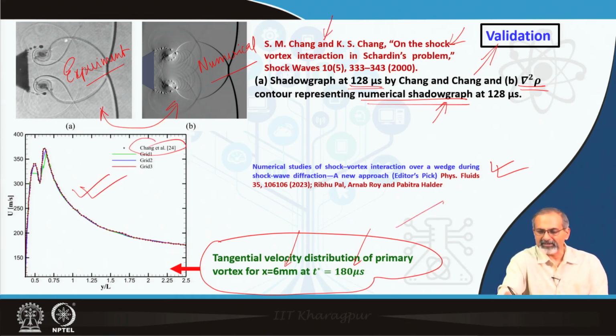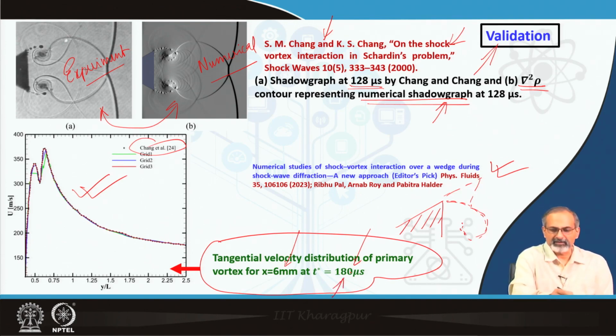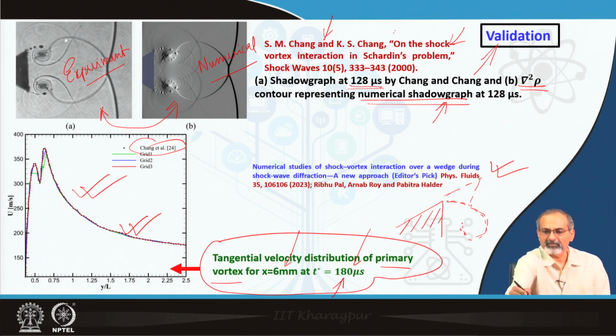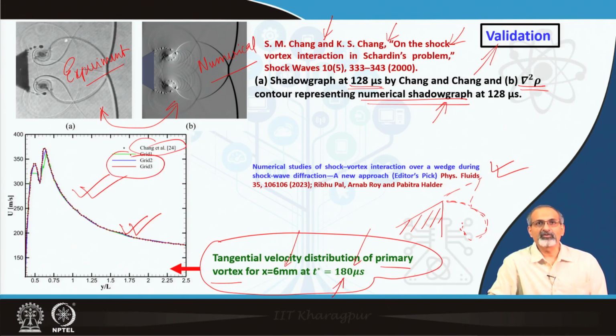So, what we are talking about is basically that when the flow reaches this corner, then apart from a lambda shock that forms somewhere here, there is also going to be a vortex formation, and at 180 microseconds, how the velocity distribution in the primary vortex shows up is compared between what is reported by the paper above and the numerical results of the present study, shown for 3 different grids, again because we need to make sure that we are using the correct grid which matches well with the experimental data.